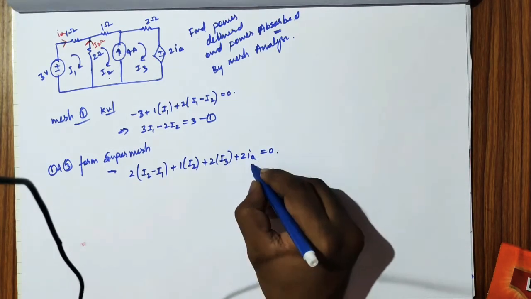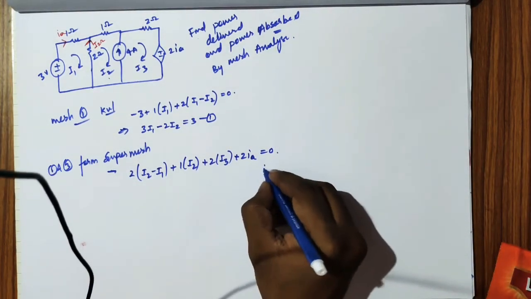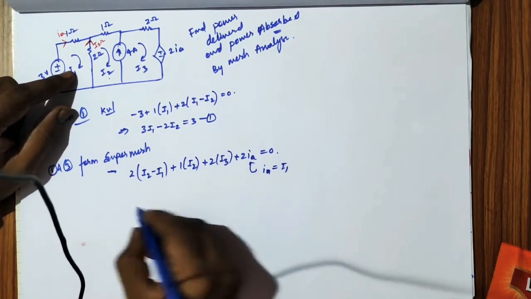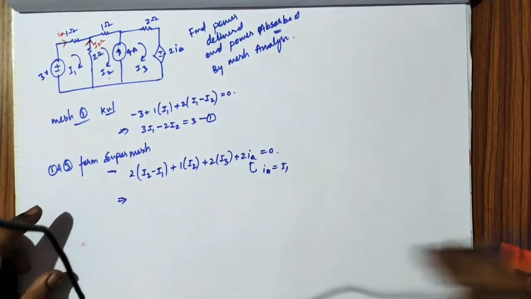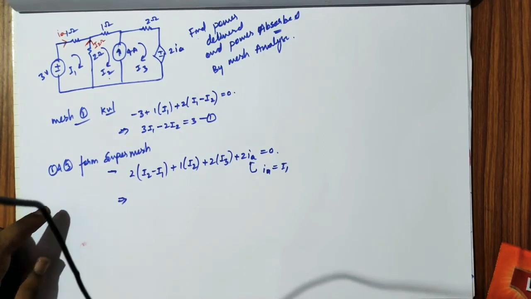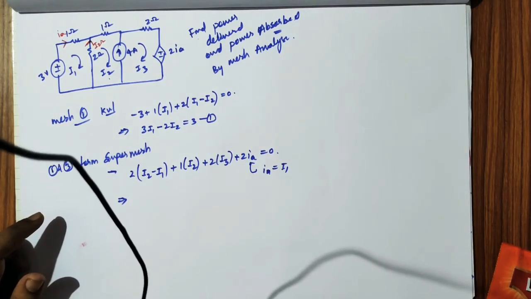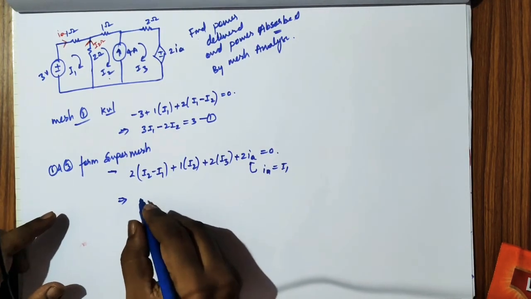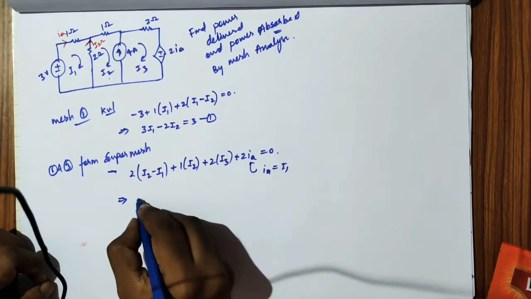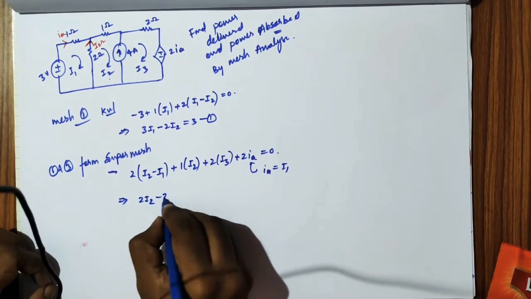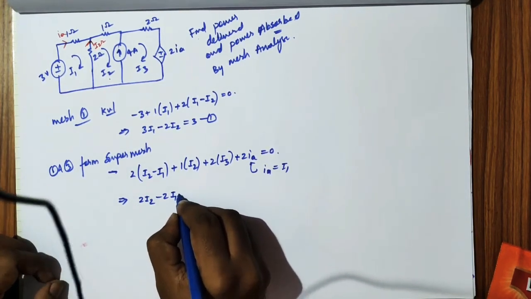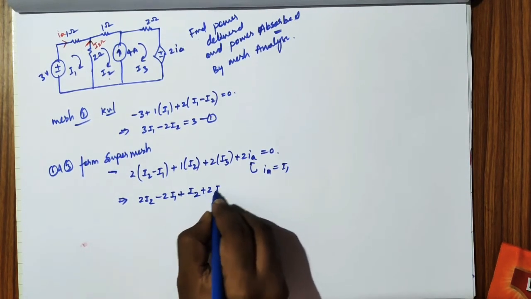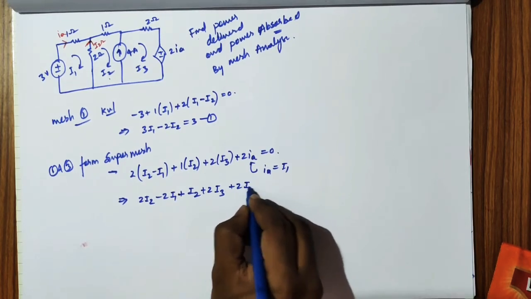So what is the value of IA? IA is the current flowing through branch 1, so I1. Substituting this here, you get 2I2 minus 2I1 plus I2 plus 2I3 plus 2I1 equal to 0.